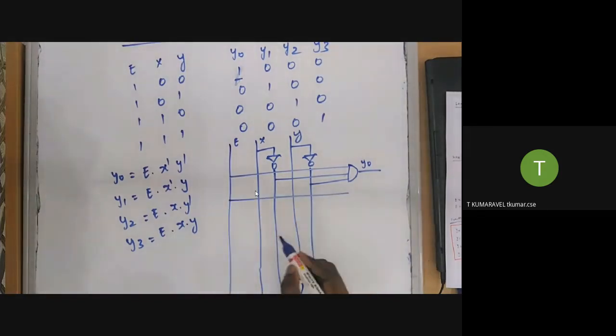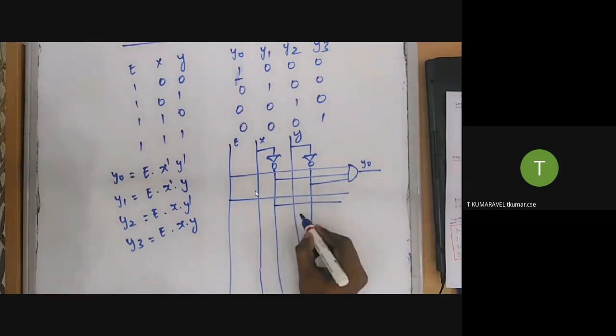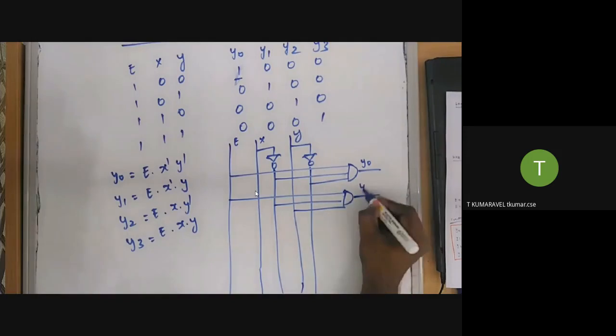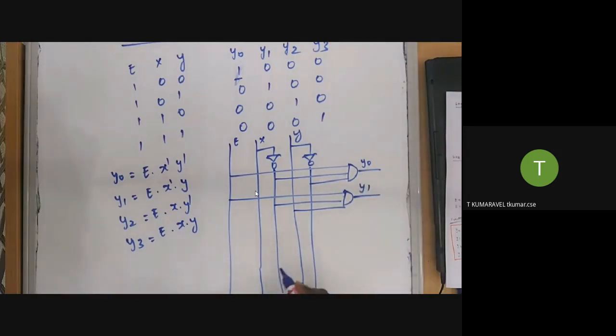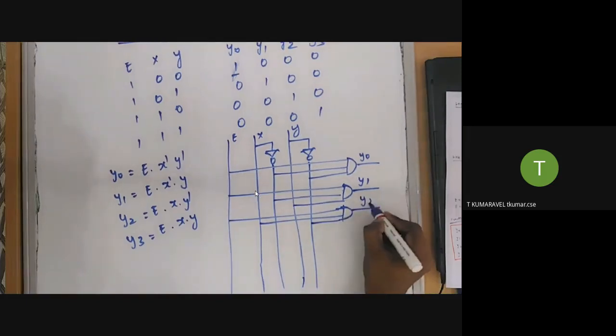What about the next case? E, x bar, y. This is Y1. What about the next case? E, x, and then y bar. This is Y2.